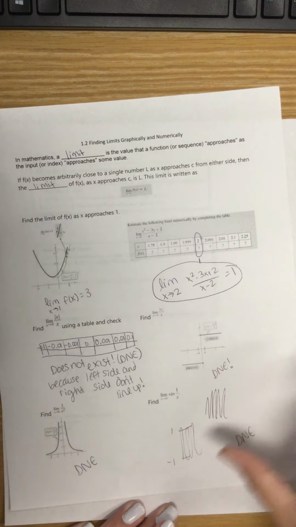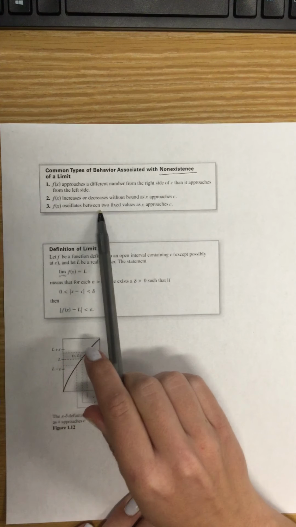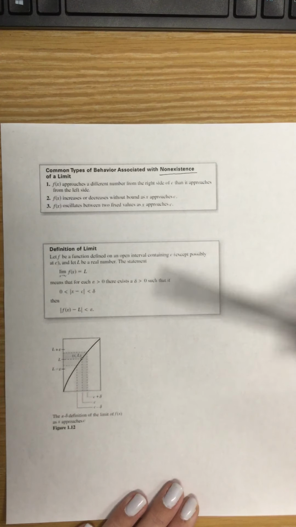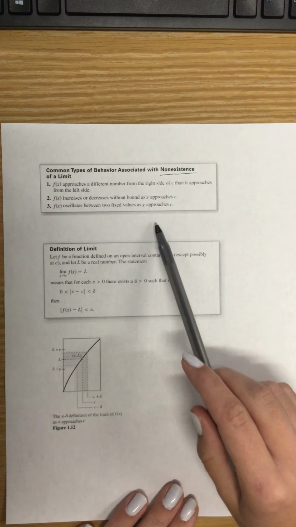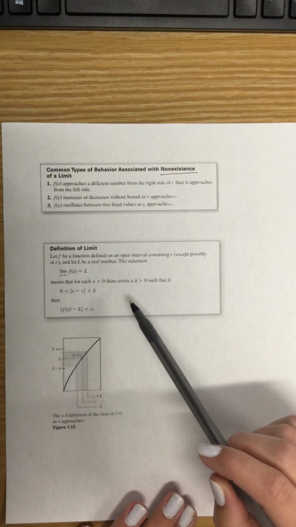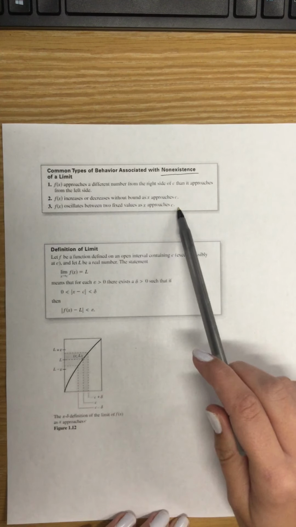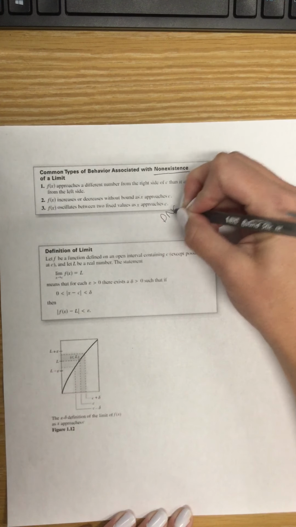It's increasing or decreasing there. And the other one is that it oscillates between two fixed values. So that would be like our typical sine or cosine functions that could do that. Not necessarily will, but depending on what point you're at, it could, if we have that sine of 1 over x or something like that. So those are your three major ones where it would not exist.